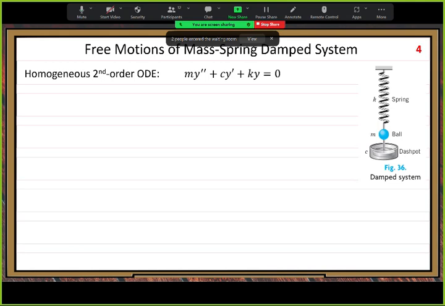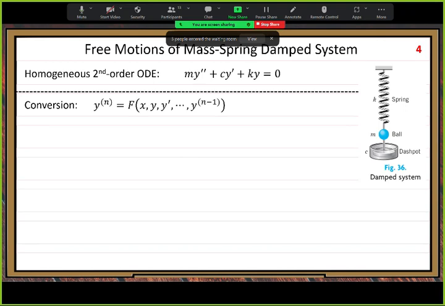Homogeneous. All right, that's simple. So it looks familiar, right? M y double prime plus c y prime plus k y equals 0. M, c, k are all constant. So first we can write it in the standard form.